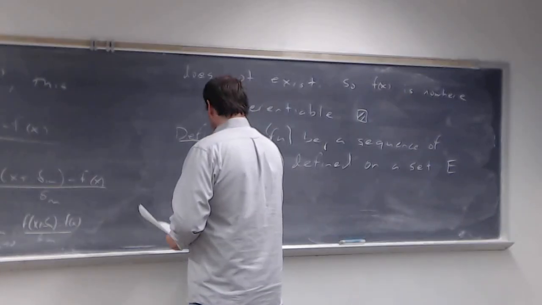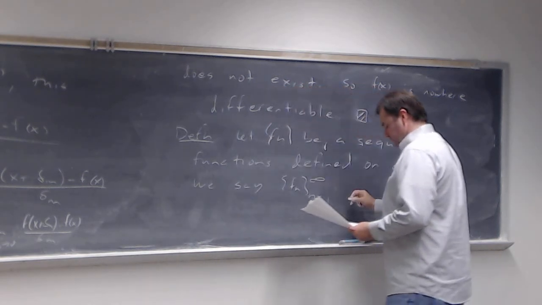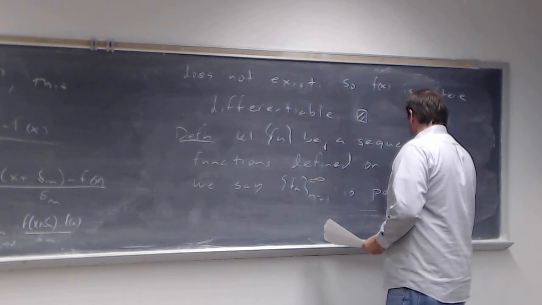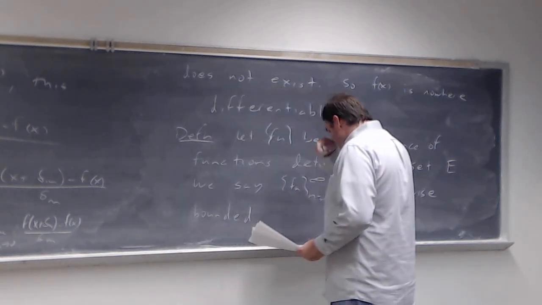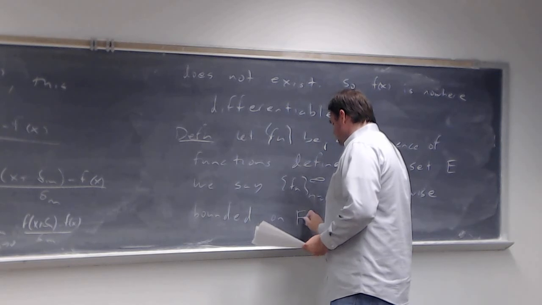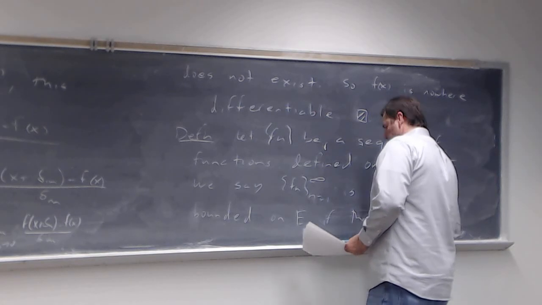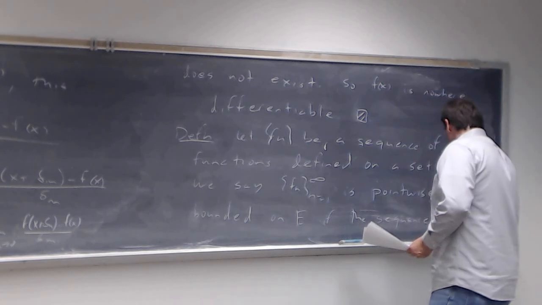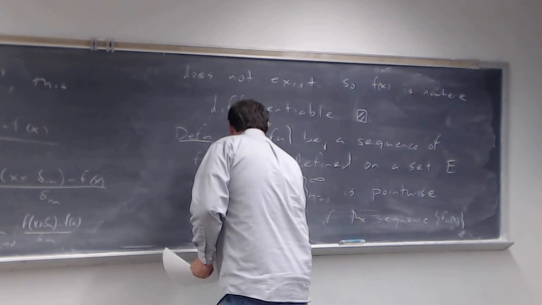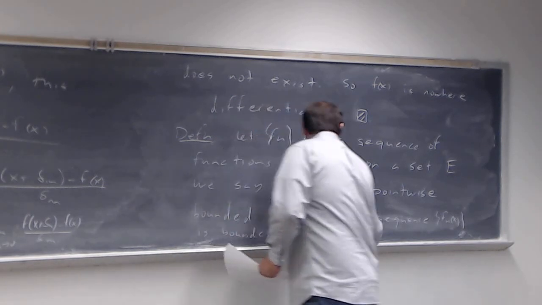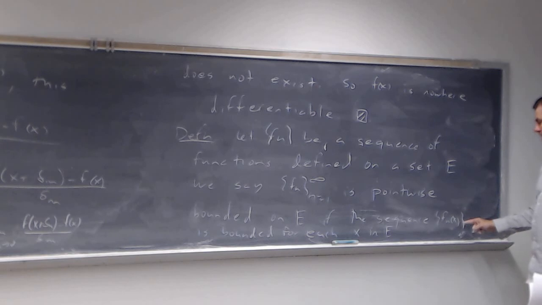We say the sequence f sub n, n running from 1 to infinity, is pointwise bounded on E if the sequence f sub n of x is bounded for each x in E. So the bound for this sequence of numbers is going to depend on x.